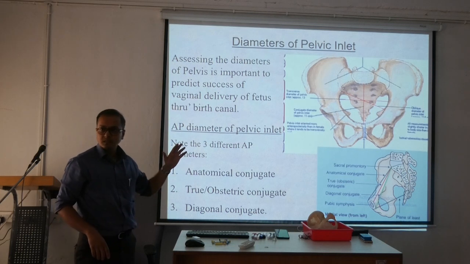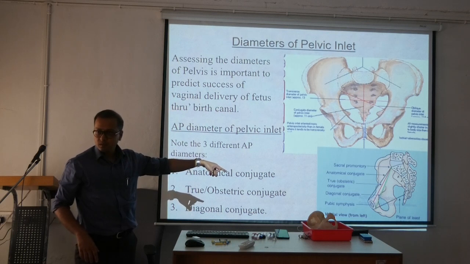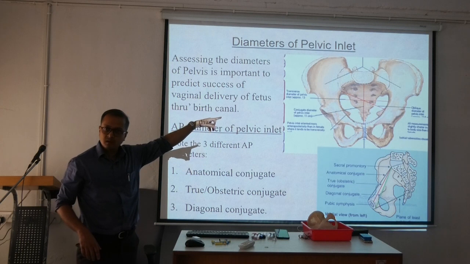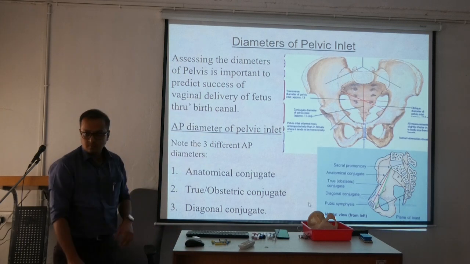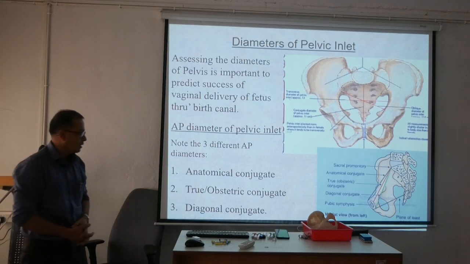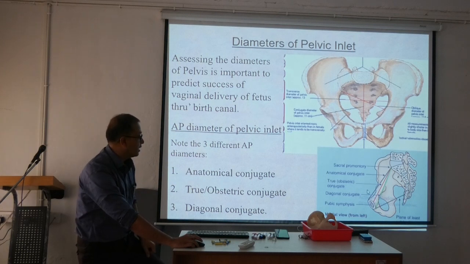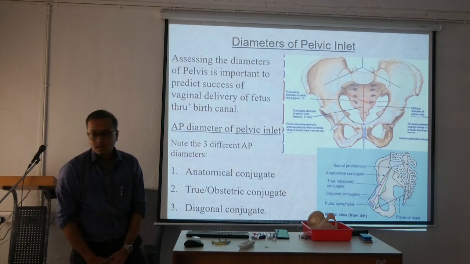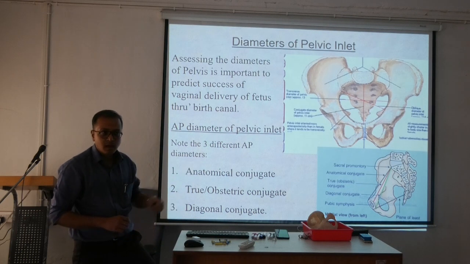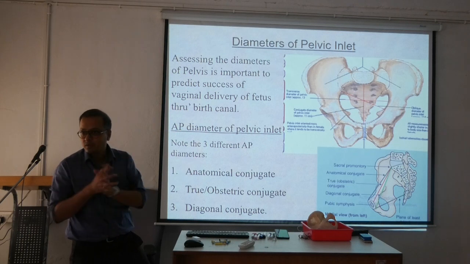Going to the bottom side, we find a green line, from the lowest point of the symphysis pubis to the midpoint of the sacral promontory. We call this the diagonal conjugate. And the middle point of the symphysis pubis, the red line you see here, is another line. We call it the obstetric conjugate, also known as the true conjugate. Out of these three lines, the red line is the least diameter.